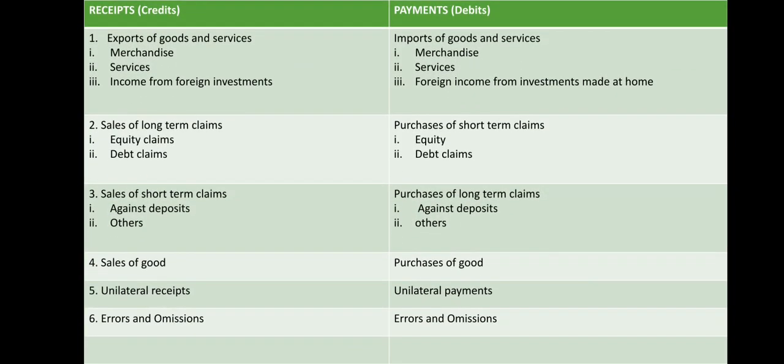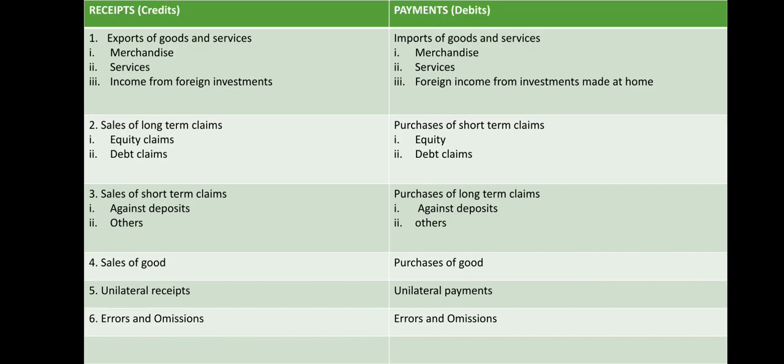The following is the receipts and payments account, or the balance of payments account. On the credit side, the exports of goods or merchandise, services, and the income from foreign investments are recorded. On the payment side, the imports of goods and services, as well as foreign income from investments made at home, will be recorded. On the receipt side, the sales of long-term claims such as equity claims and debt claims are credited, whereas the purchases of equity or debt claims are debited.